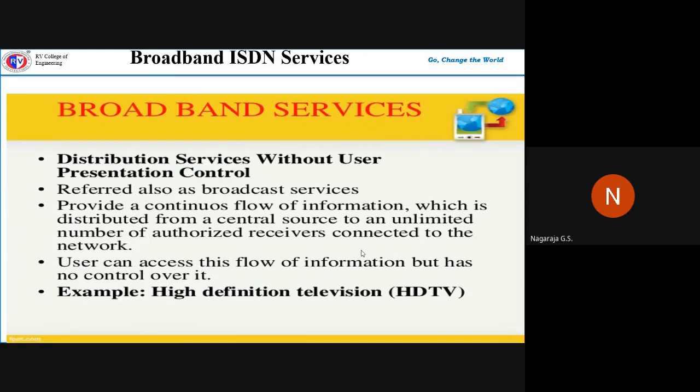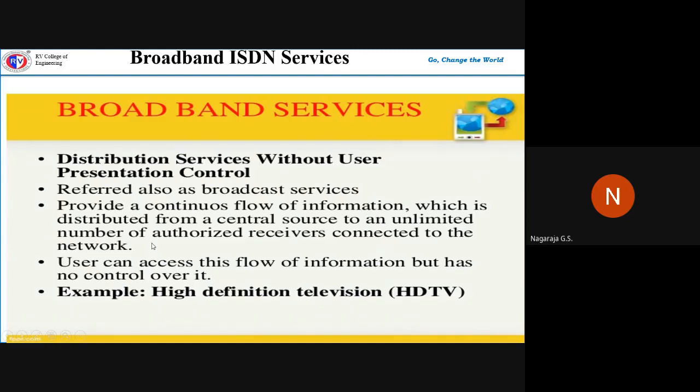Having said that, let us understand services without user presentation control, also referred to as broadcast services. BBC is a broadcast without user presentation control basically. They provide a continuous flow of information which is distributed from a central source to an unlimited number of unauthorized receivers connected to the network.